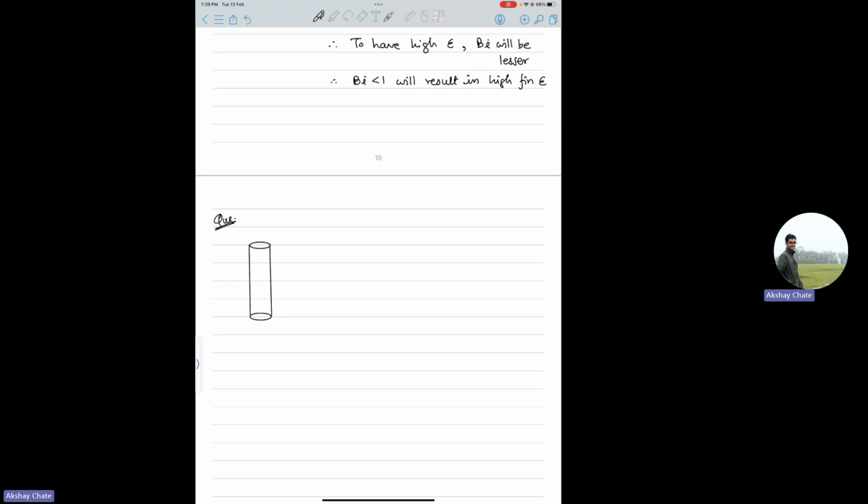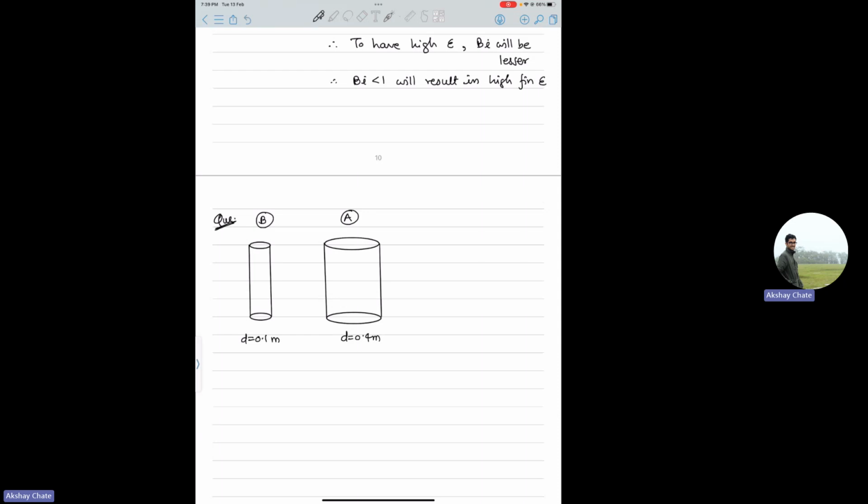So there are two shafts of the same length. This is shaft A. Actually, I drew the bigger shaft later, otherwise it was reversed in the question. The diameter is 0.4 meter for this shaft. Diameter is 0.1 meter for this shaft.